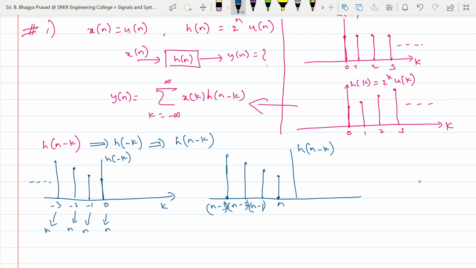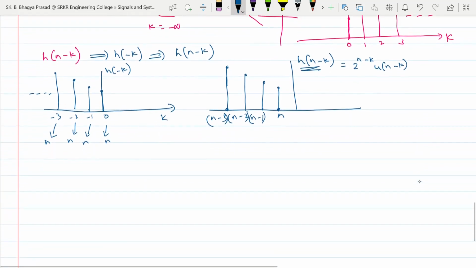So this is the signal h[n-k], which is 2^(n-k) u[n-k]. Simply you can write it like this. We use this expression in this summation.